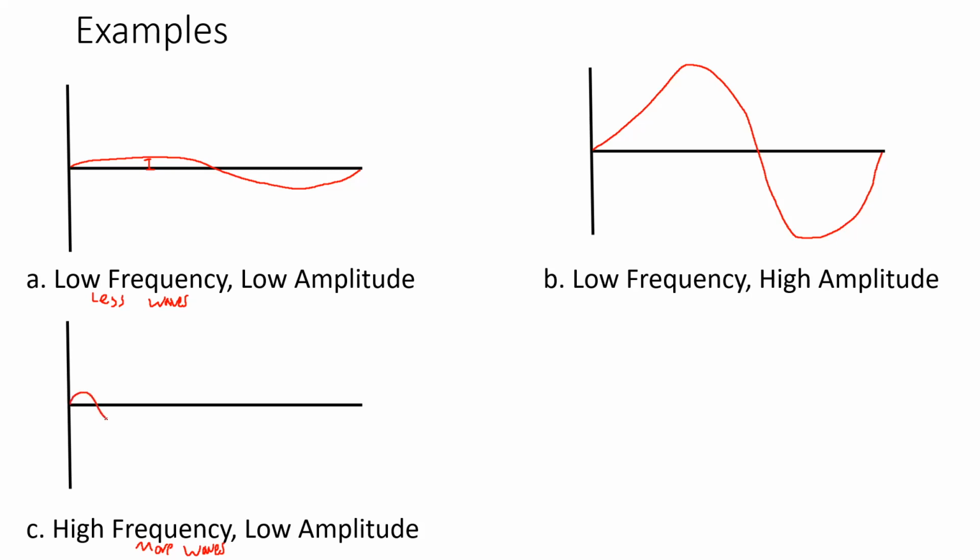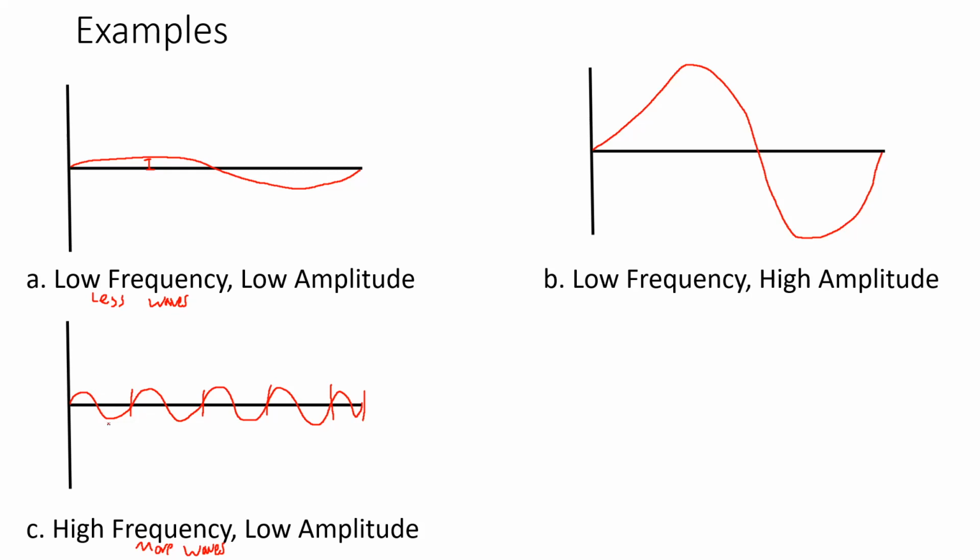So this one's probably going to be a bit like this, and like that, and like that. Oh, I'm not sure if I'll fit in the last one. It got a little bit weird at the end there, but you can see that there is 1, 2, 3, 4, 5 waves in there. They are all low amplitude and at a very high frequency.